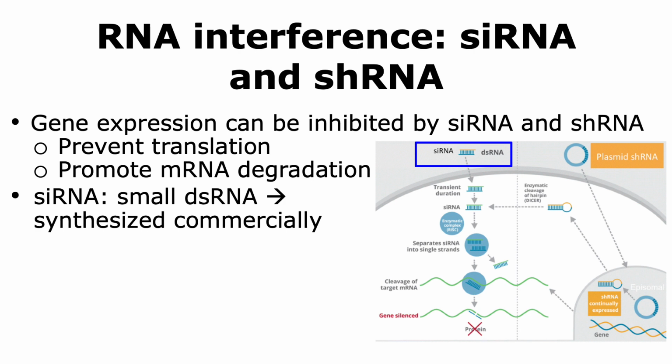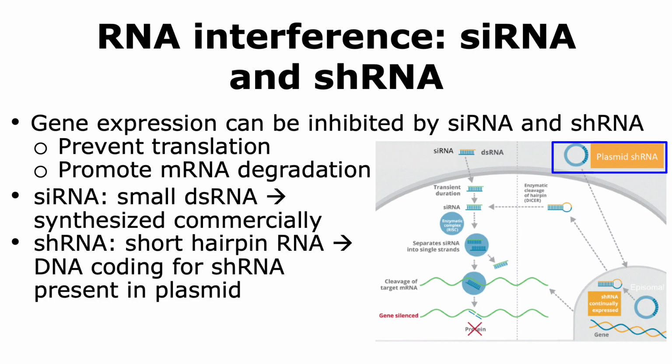On the other hand, short hairpin RNA or shRNA are introduced into cells as DNA sequences in a plasmid that will then be transcribed into the short hairpin RNA. These short hairpin RNAs that are synthesized by the cell undergo cleavage by an enzyme called dicer, and they end up forming the small interfering RNA.